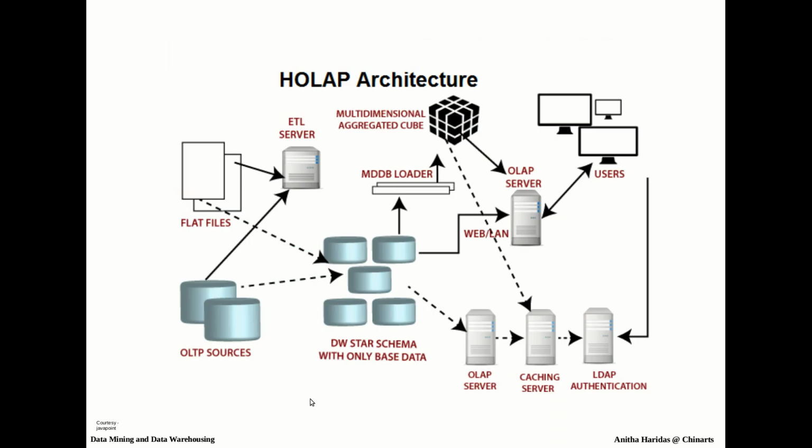So aggregation will also be stored separately. Apart from that, the OLAP server can directly access the base data from the sources. Then you can create any ad hoc queries, or if you want detailed information, that can be directly retrieved from here. If you want aggregation, that can be retrieved from here.